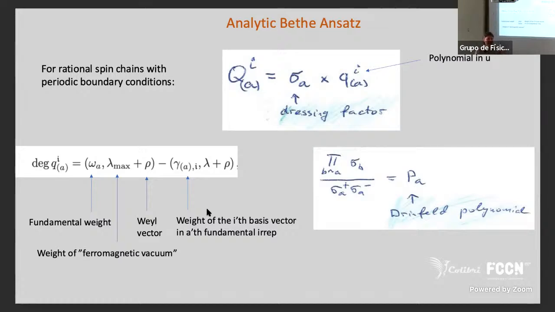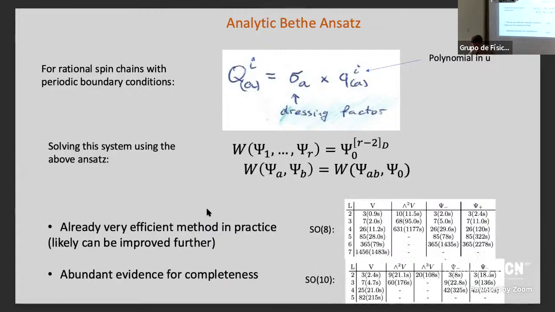And the answer is that there are only finitely many ways to do it, and this is precisely the spectrum of the spin chain. We can do it by solving Bethe equations, but we can also do something different. We can take our pure spinors, generate everything from them, and then satisfy this condition.